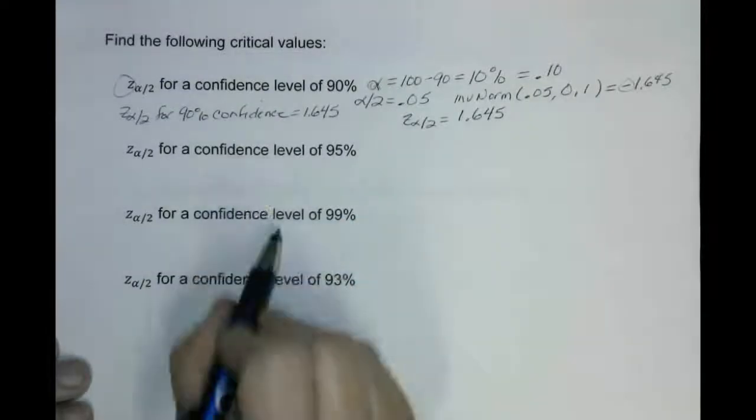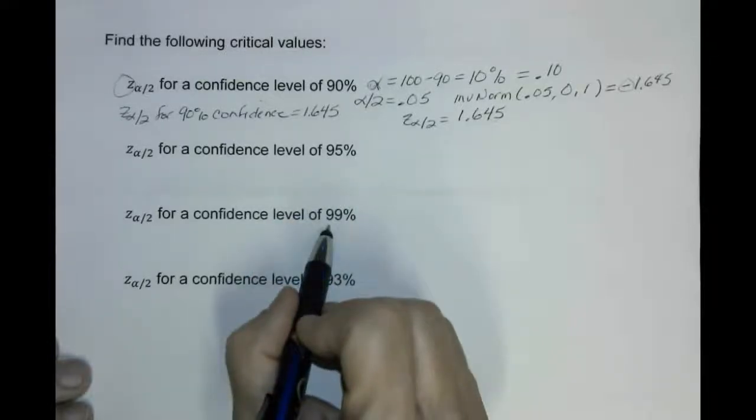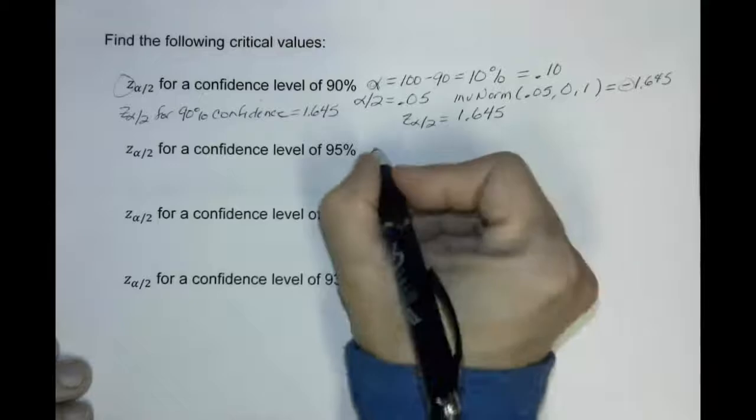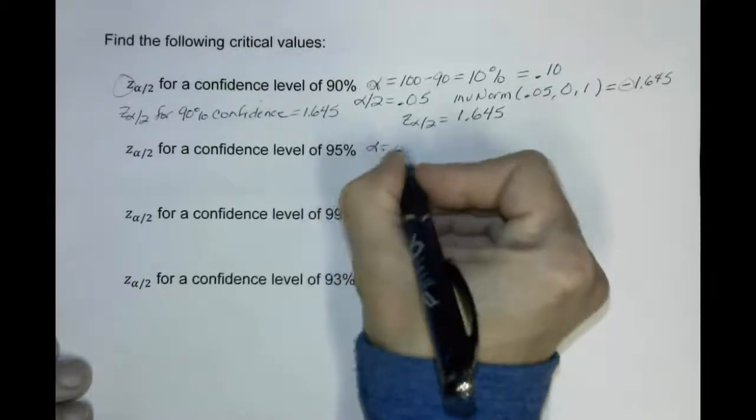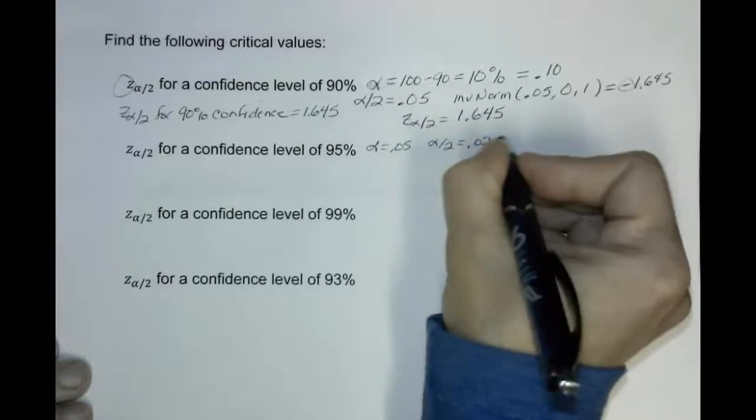You can do the same thing for these two, since these are a couple of other typical ones that you would normally find. So for this one, your alpha would be 0.05. Your alpha over 2 is 0.025.